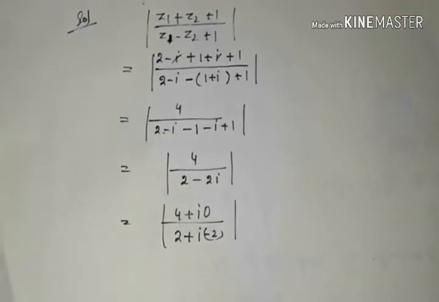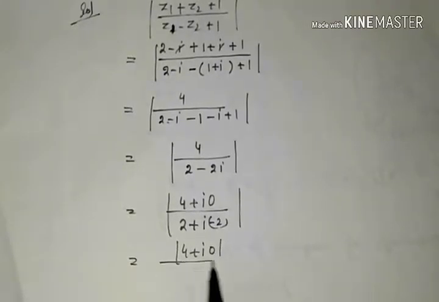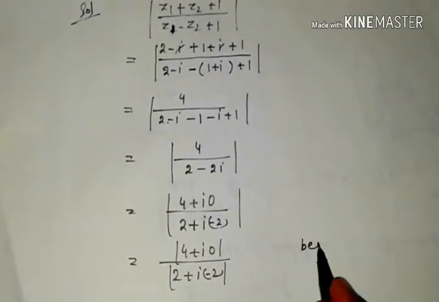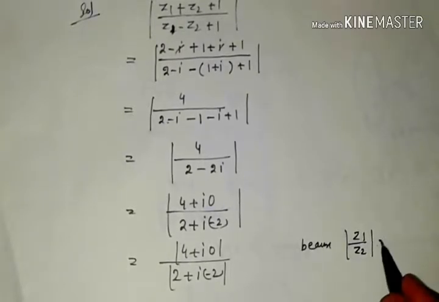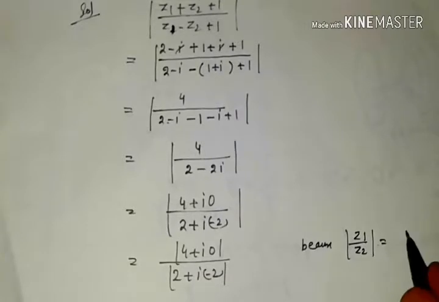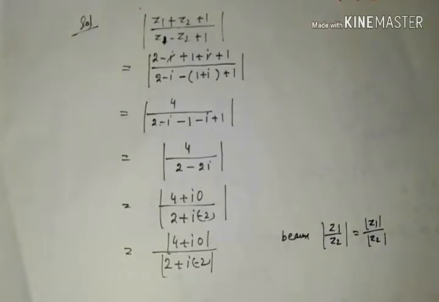Therefore we can write the modulus of 4 plus i0 over 2 minus 2i, because the modulus of z1 by z2 is a property of modulus: modulus of z1 by z2 is equal to modulus of z1 by modulus of z2.